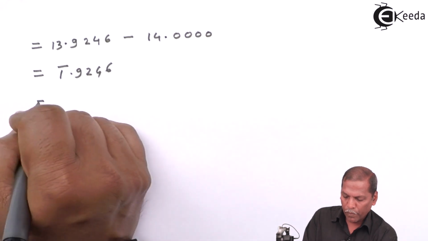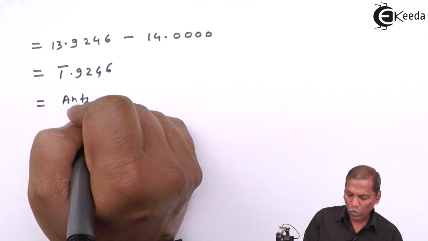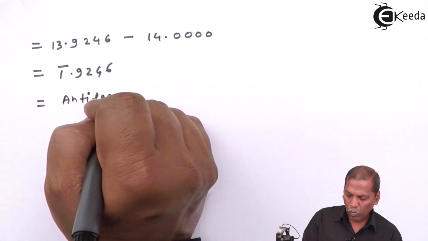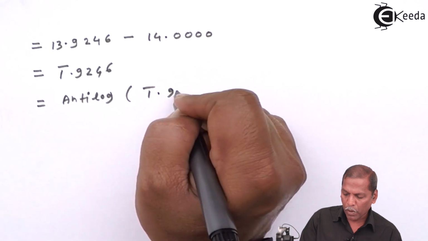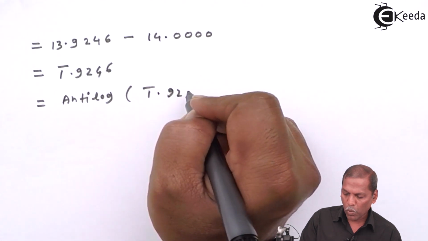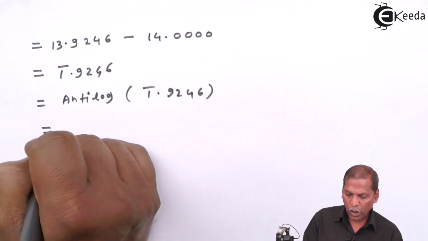So finally this is equal to the anti-log of bar 1.9246.